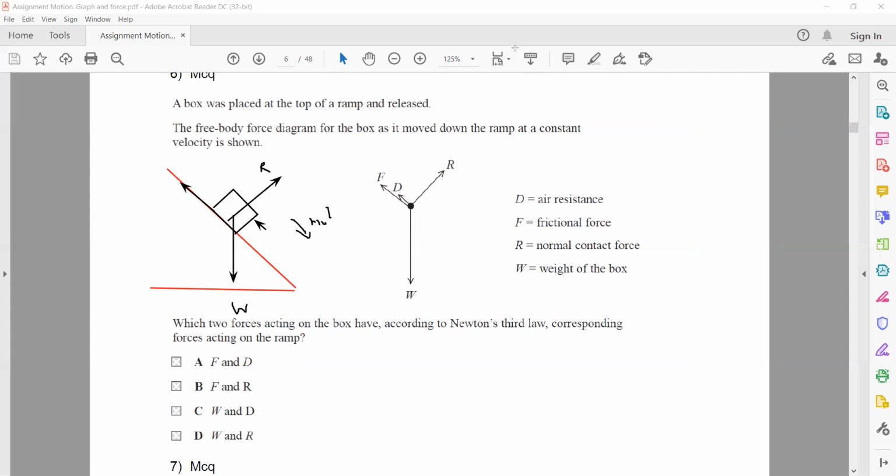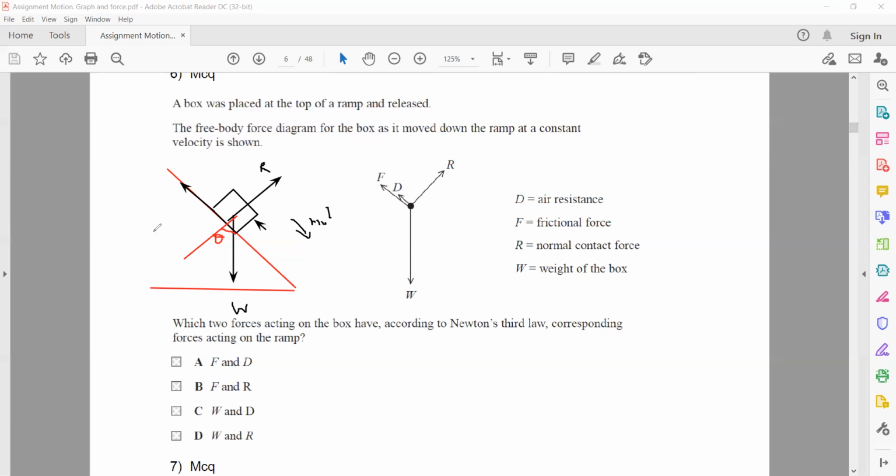So which two forces acting on the box have, according to Newton's third law, corresponding forces on the ramp? First thing, this weight will have components as we resolve this weight. Here it is making an angle theta.